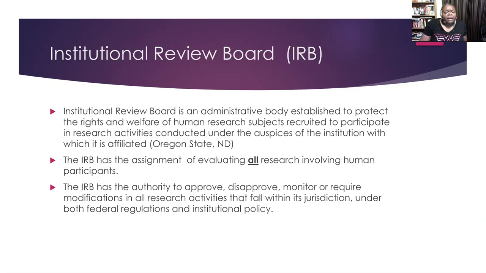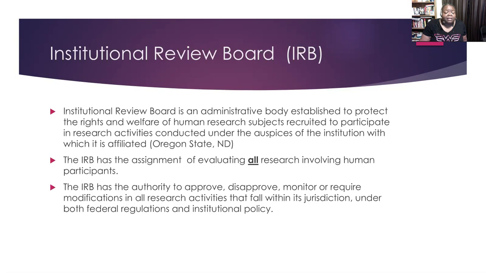The IRB evaluates all research topics and potential research projects that involve human participants. And let me stress, all research projects that involve human subjects must go through the IRB board, and they will either approve, disapprove, choose to monitor, or require that modifications be made to the research.